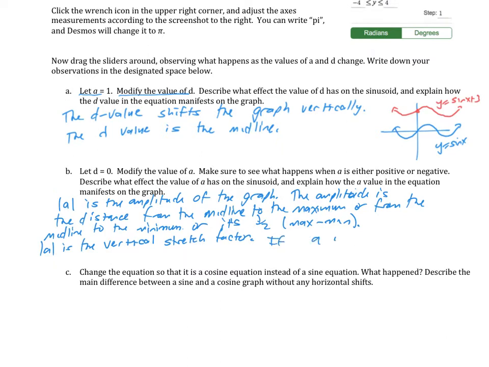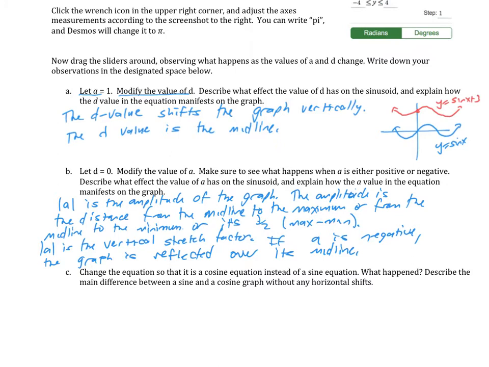If A is negative, the graph is reflected over the x-axis. The graph is reflected over its midline, I guess I should say. So for the parent function, it's the x-axis. For other graphs, it would be the midline.